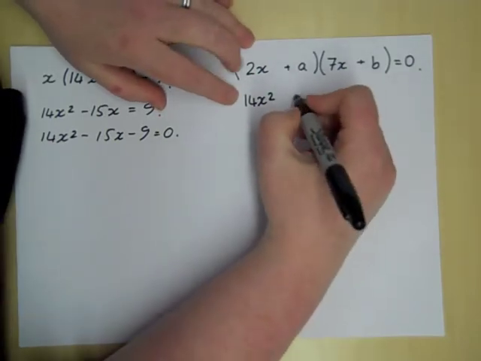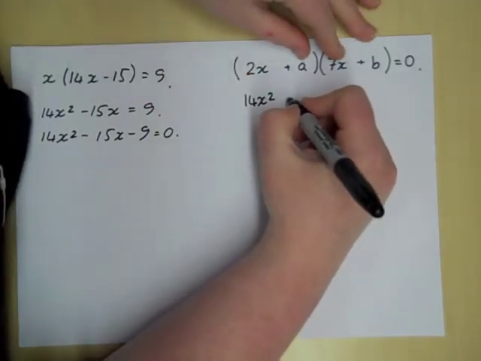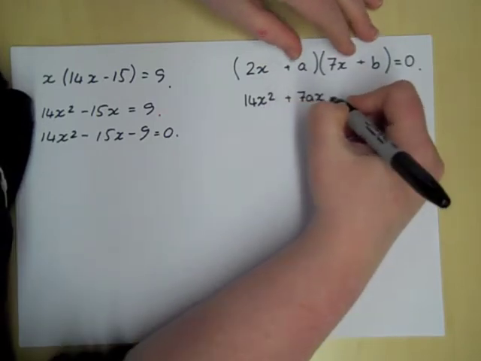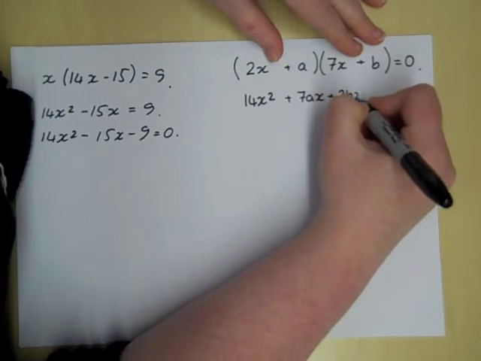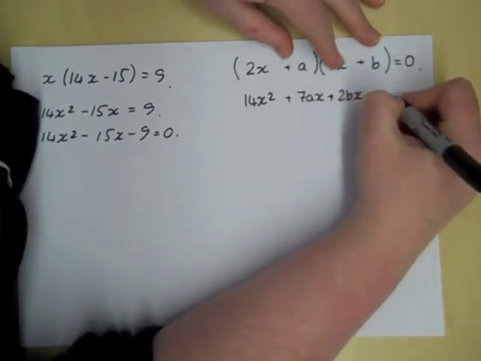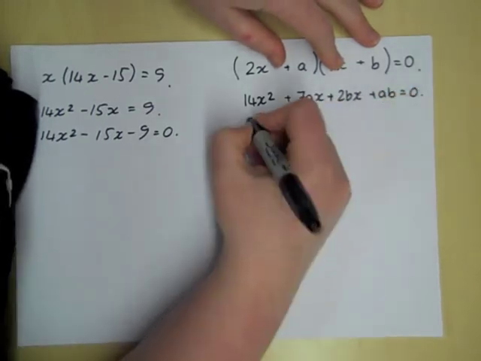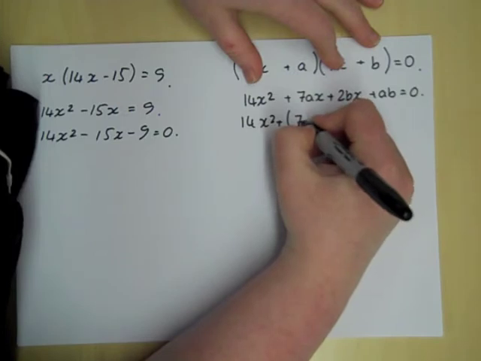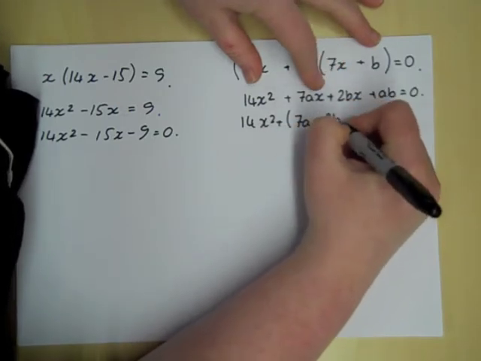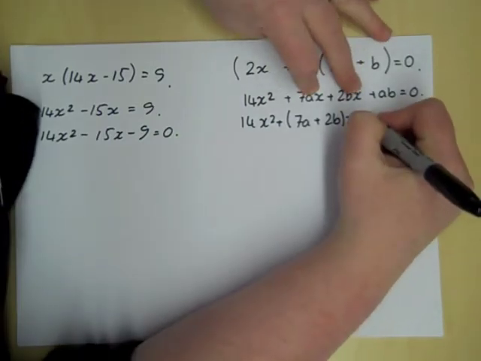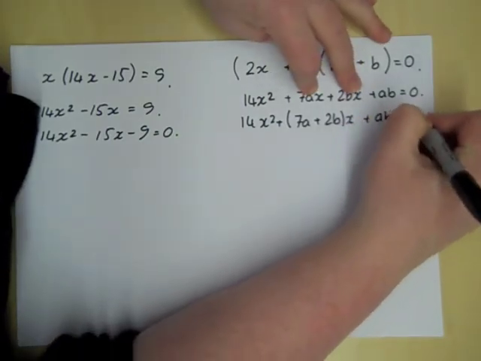So 14x squared plus 7ax plus 2bx plus AB is equal to 0. And so 14x squared plus 7a plus 2b into x. You see, I've factorised that x out. It's a common term. Plus AB is equal to 0.